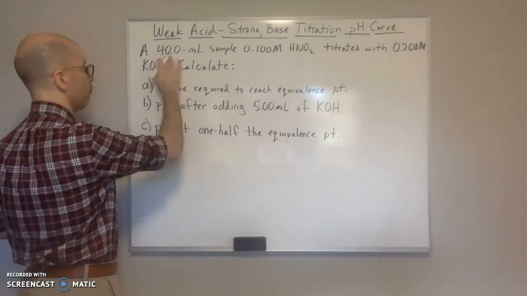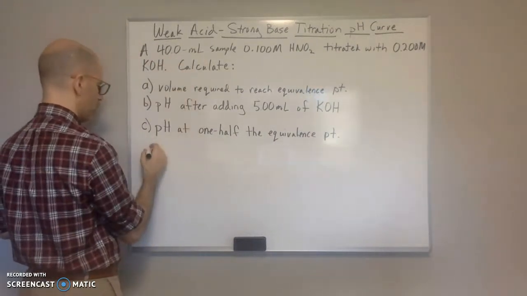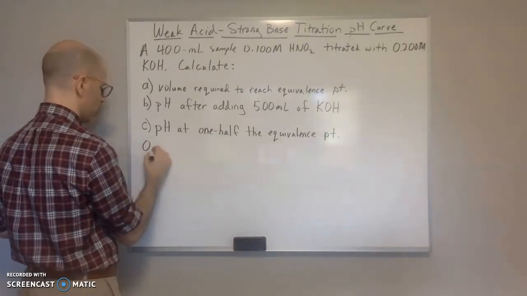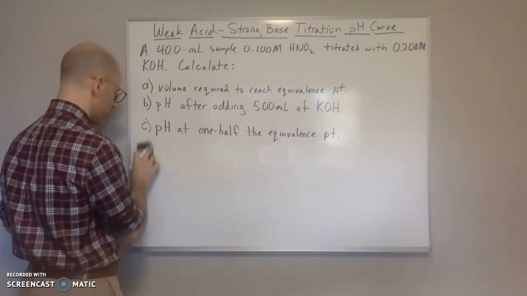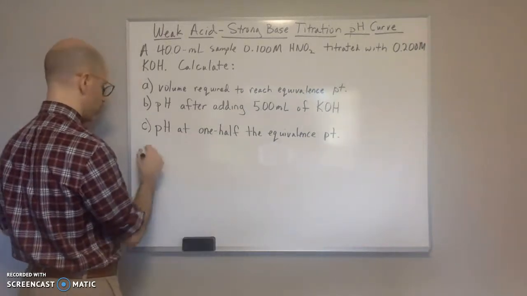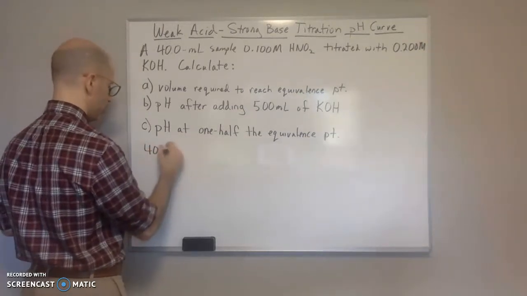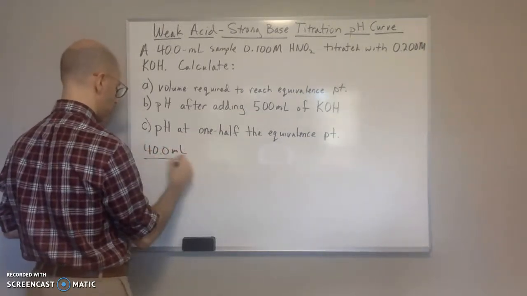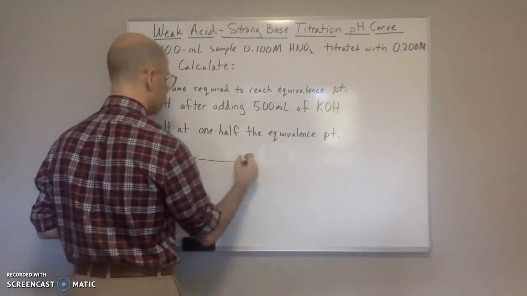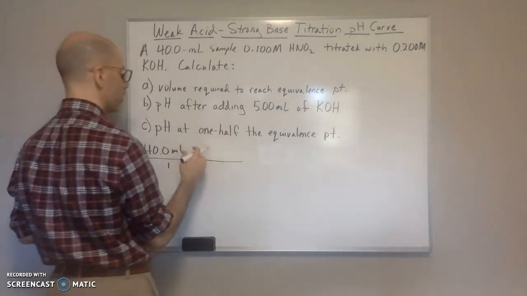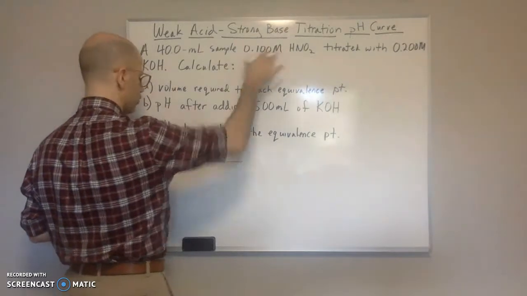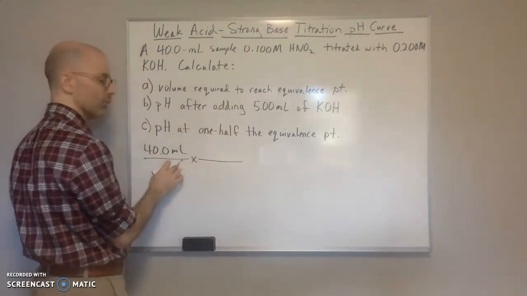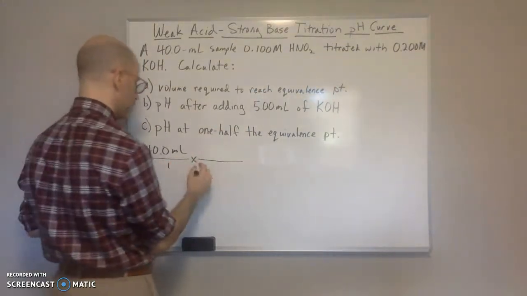So we got 40 milliliters. So we got to convert that to liters, right? So you have 40.0 milliliters over 1. Use molarity as a conversion factor. So this is moles over liters, but you have to convert milliliters to liters first.